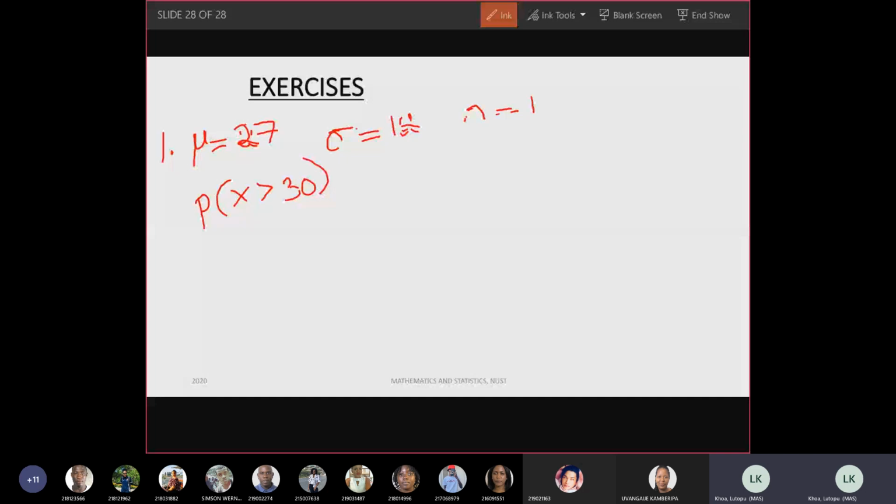So what we do is we standardize. So we will say this is the same as the probability that Z is greater than x bar minus mu divided by sigma over the square root of n. So this is the probability that Z is greater than our x bar here, this is the 30, minus mu is 27.